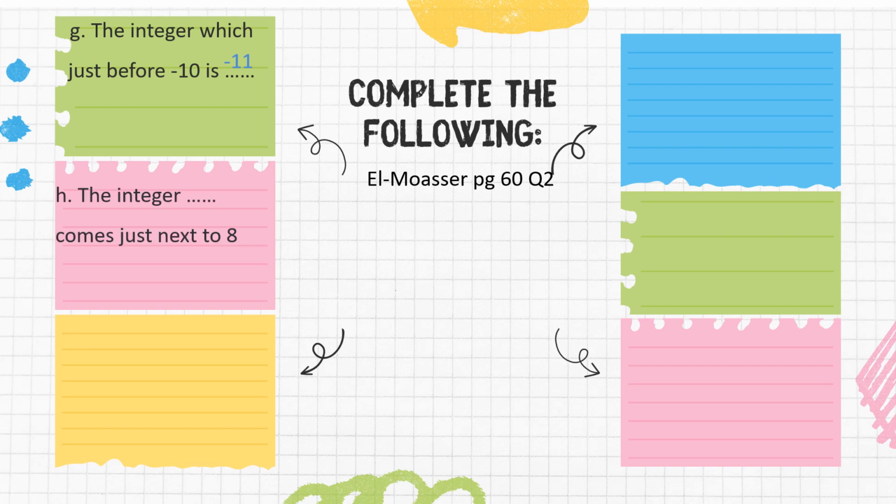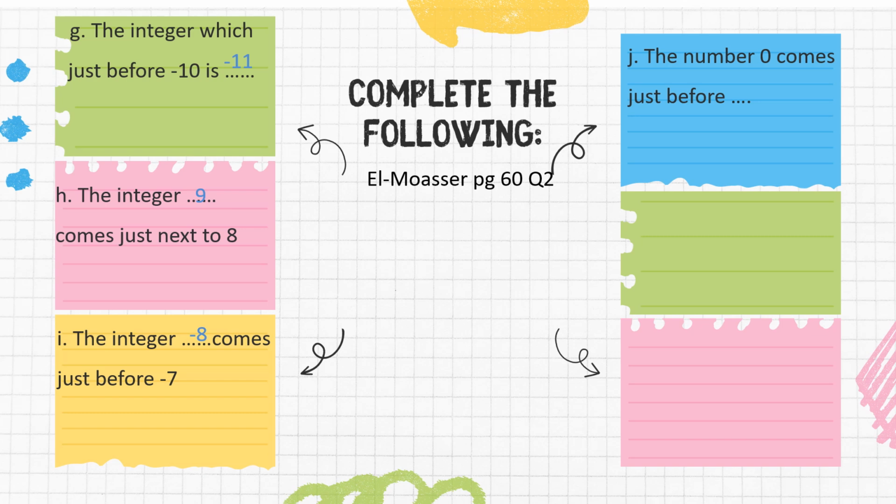Okay, the integer that comes just next to 8 is 9. Excellent. Okay, the integer that comes just before minus 7. When we say before, it means it is smaller. So it is minus 8. Okay. The number 0 comes just before what? Before 1. 0 is smaller than 1, so 0 is just before 1.